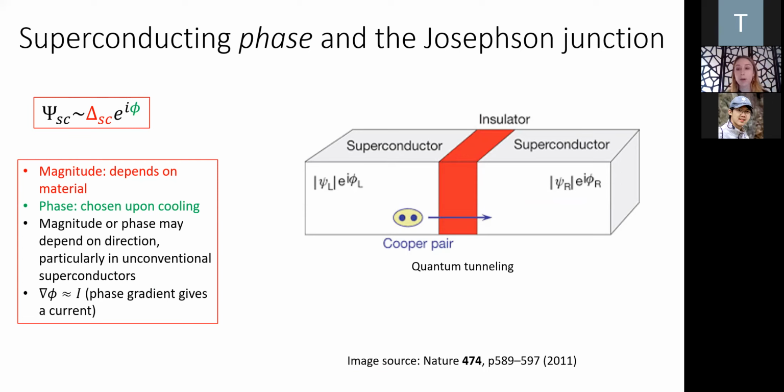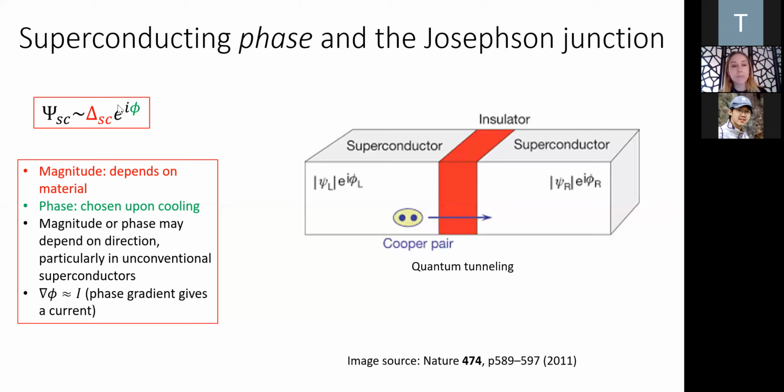If you're talking about aluminum, niobium, or a different type of superconductor, you will, in general, have a different magnitude. Generally, the higher the onset temperature of superconductivity, the larger this will be. And this magnitude also represents the energy it takes to break apart a Cooper pair.